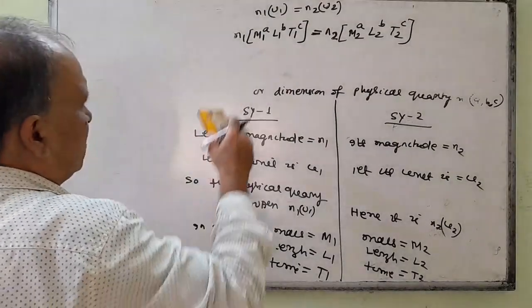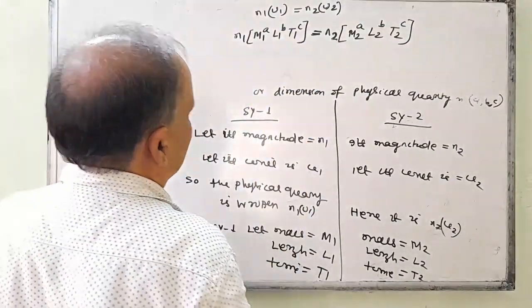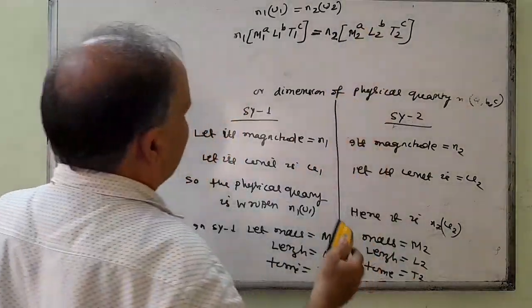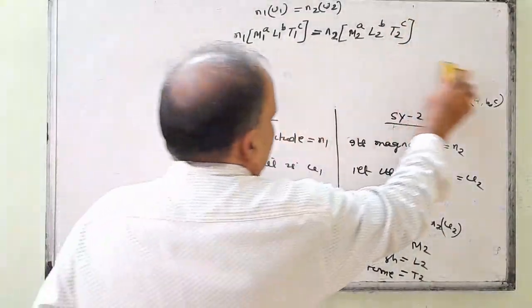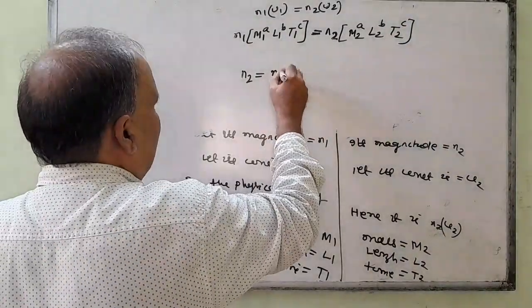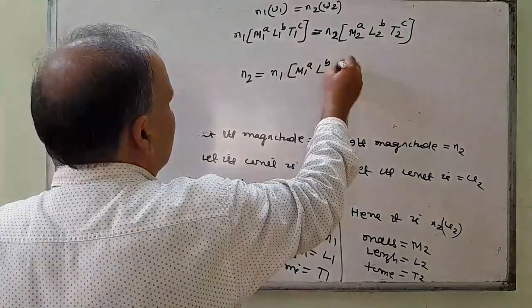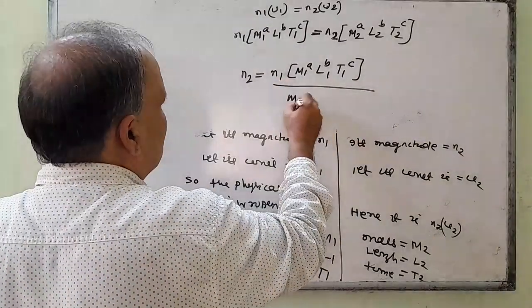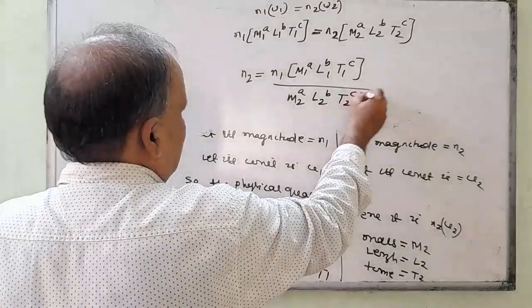So, N1 into M1 to the power A, L1 to the power B, T1 to the power C is equal to N2 into M2 to the power A, L2 to the power B, T2 to the power C. So, N2 is equal to N1 into M1 to the power A, L1 to the power B, T1 to the power C by M2 to the power A, L2 to the power B, T2 to the power C.